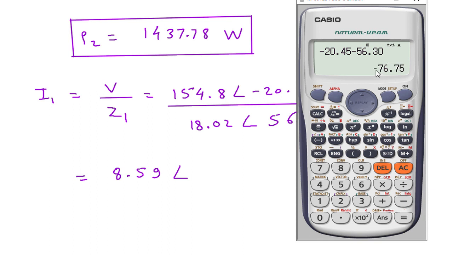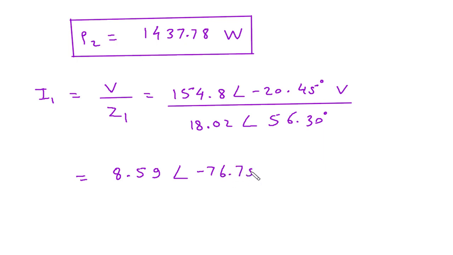So it is minus 76.75 degree. This is the value of I1 and its unit will be ampere.